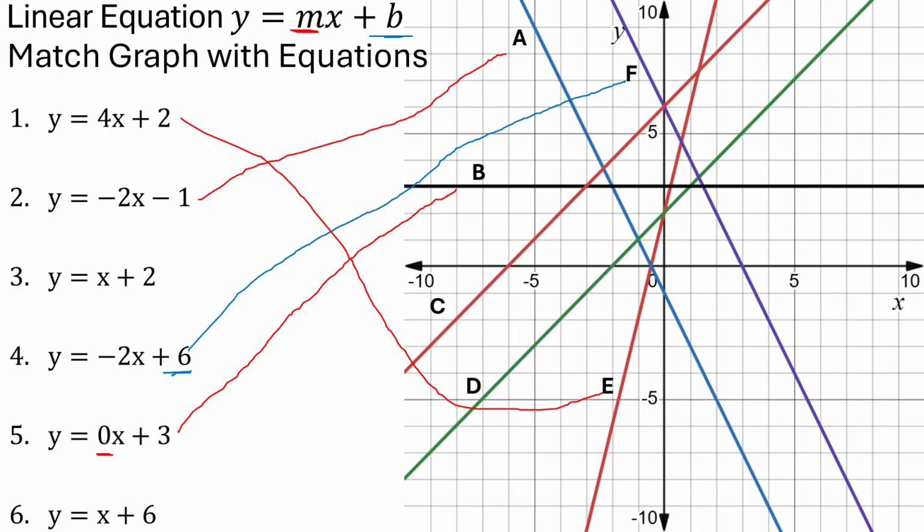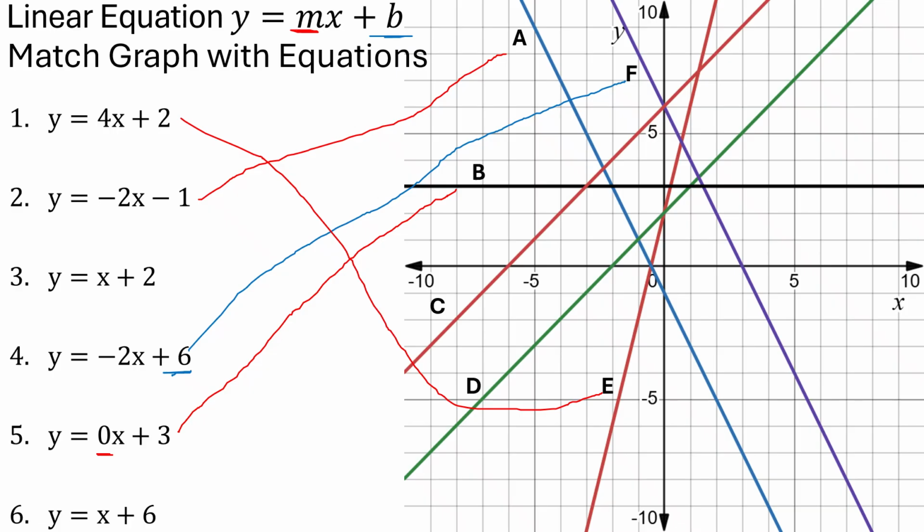We can double check that the y-intercept is correct. For equation 1, the y-intercept should be 2. If I look at line E, I see that it intercepts the y-axis at 2. So that's correct.